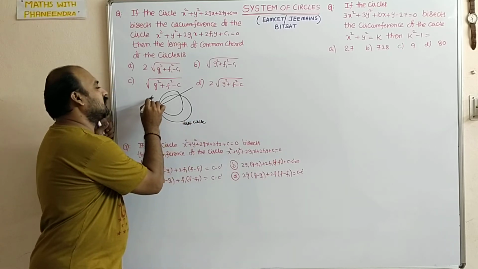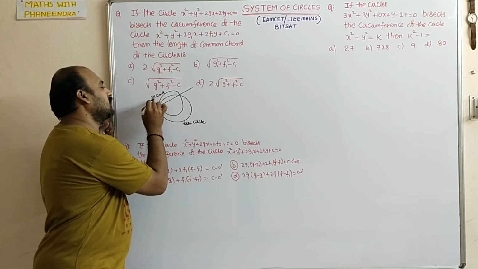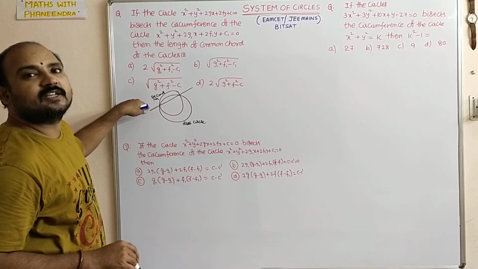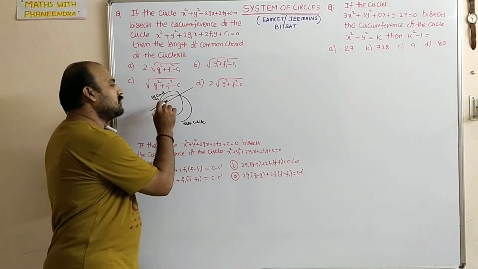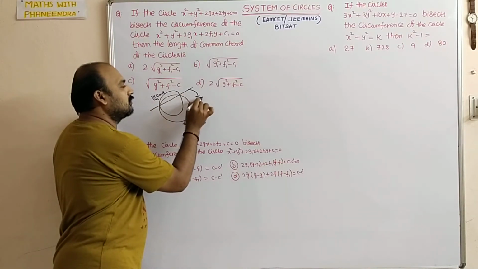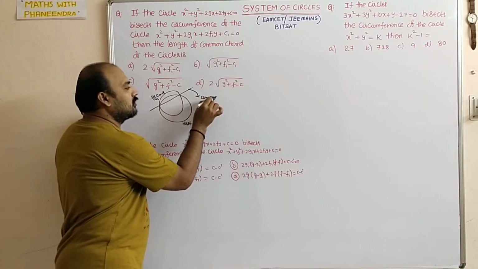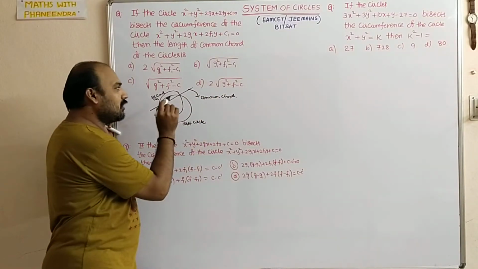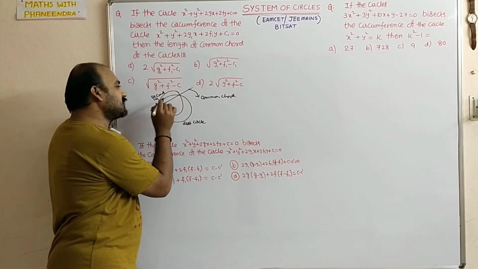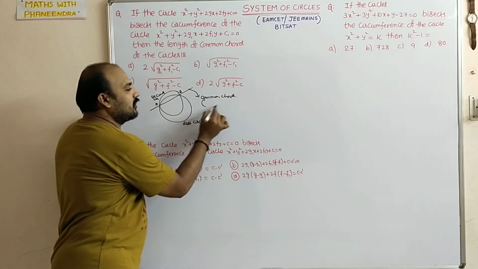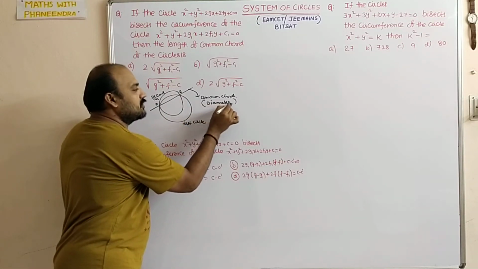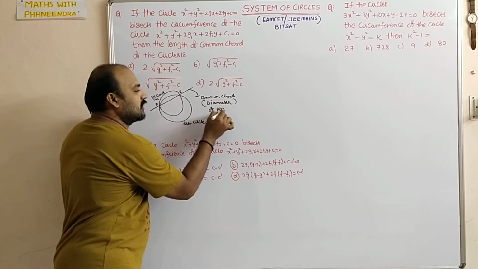This is second circle. Small circle one is second circle. Whenever first circle bisects the second circle, therefore, this is the common chord. That common chord is the diameter of second circle.